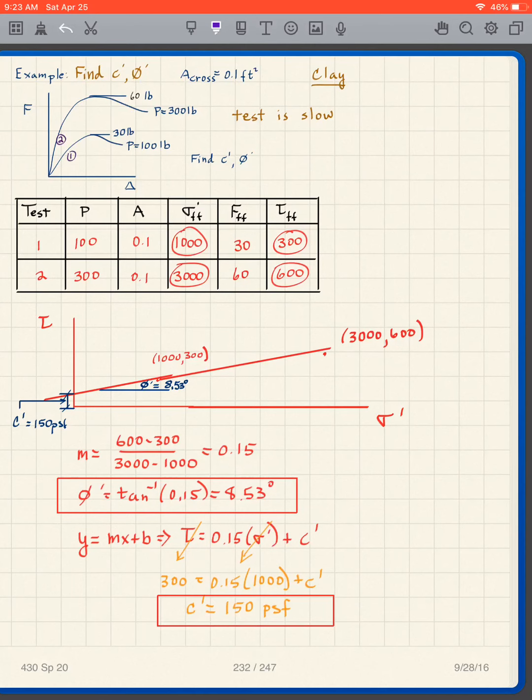I can use either point. I can use that point or that point. I decided for this one I used this point, 1,000, 300. So my y value is 300. My x value is 1,000. I solve for c prime, and I get that c prime is 150. So that defines my failure envelope. So this is my answer. Phi prime is 8.53 degrees. c prime is 150 psf.